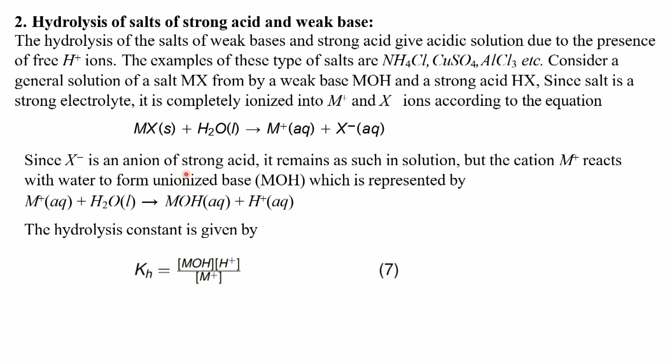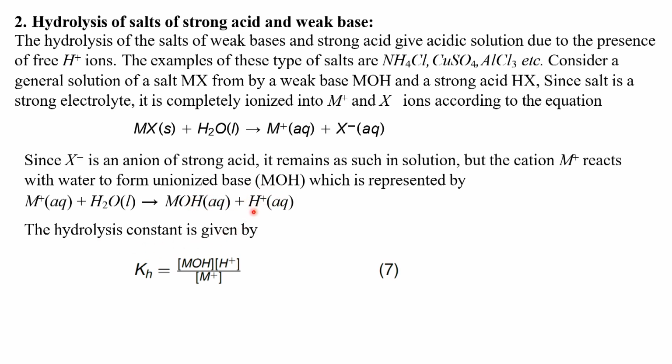Since the X minus ion comes from a strong acid, it remains as such in the solution. But the cation M plus reacts with water to form the unionized base MOH. So M plus, a cation, reacts with H2O and gives MOH and H plus ion. The hydrolysis constant.